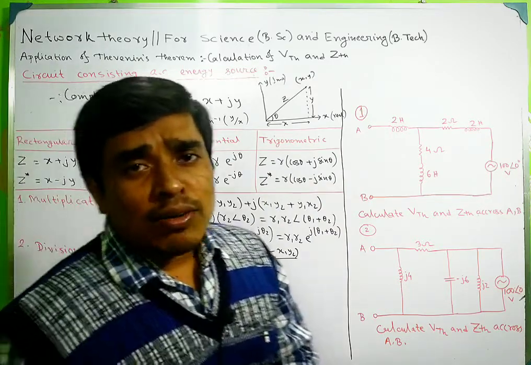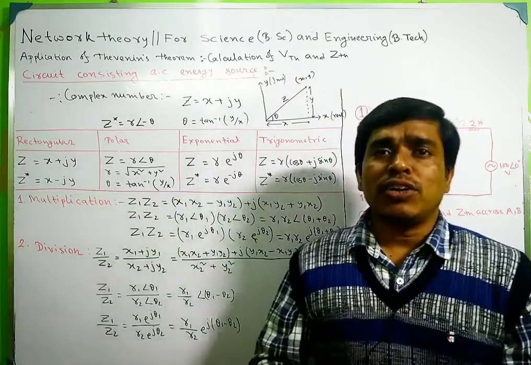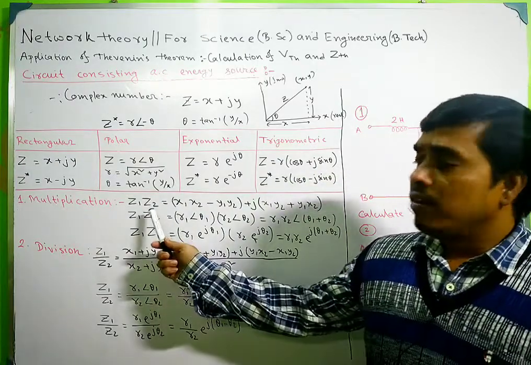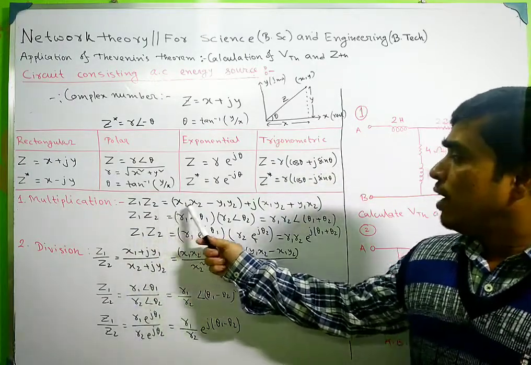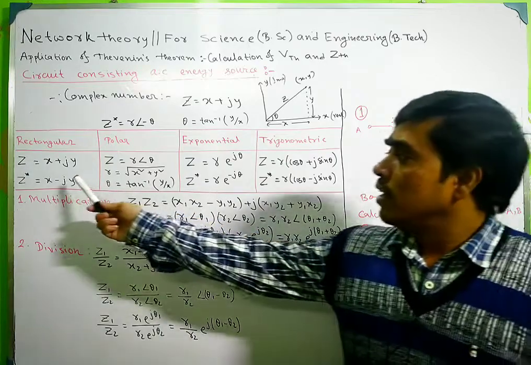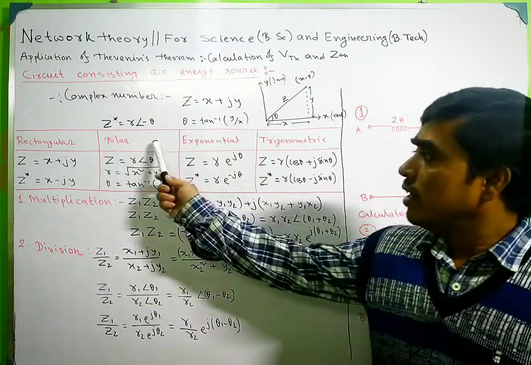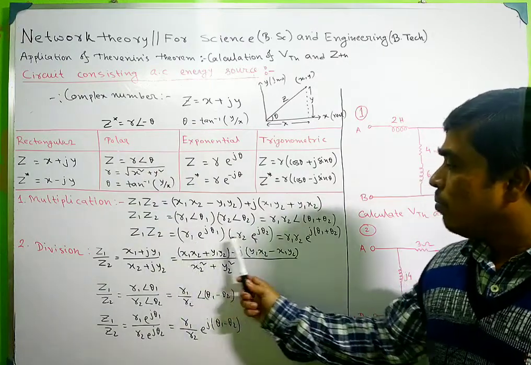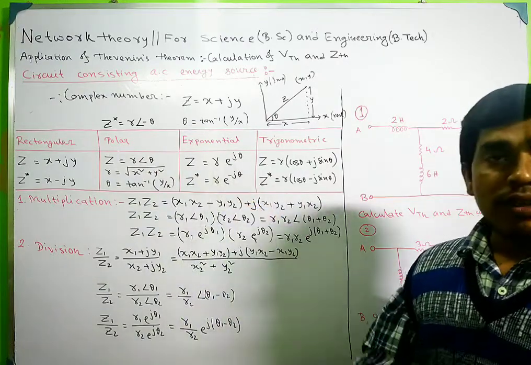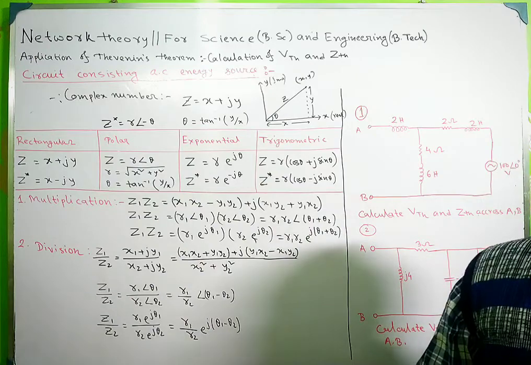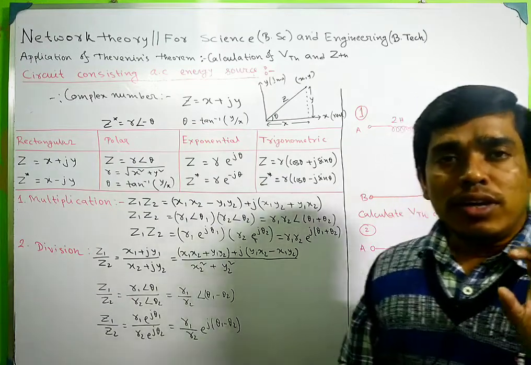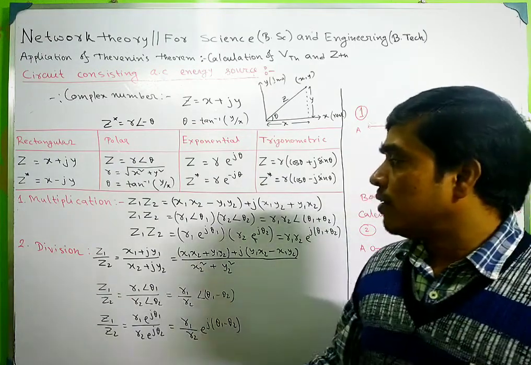So how do we calculate the multiplication of complex numbers? This is the multiplication in rectangular form, this is in polar form, and this is in exponential form. And you also have to know how to divide complex numbers.